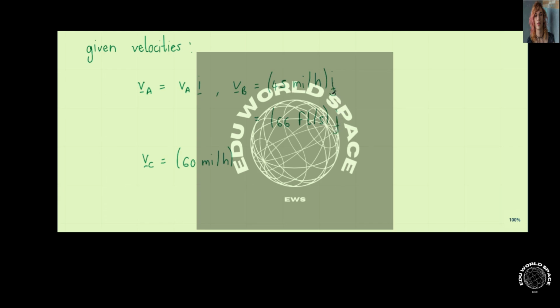So car C moves at 60 miles per hour in the j direction, and this is 88 feet per second in the j direction. So we have the given velocities for each car in feet per second. The only unknown is the velocity for car A, which we wish to calculate.